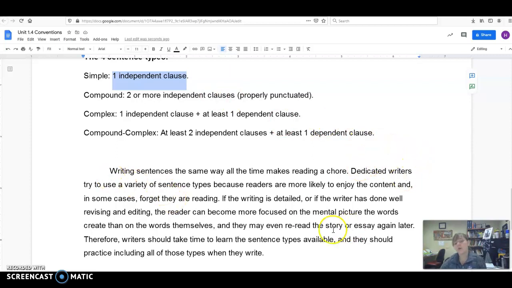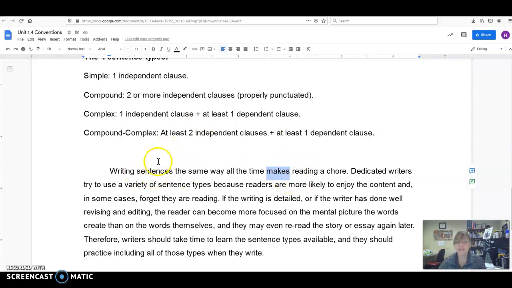Okay, so let's take a look at a paragraph and practice real quick identifying what we have. Writing sentences the same way all the time makes reading a chore. Okay, writing sentences is a thing. This is our subject. Remember we said in that very first video, sometimes the verb is very much removed from the subject.